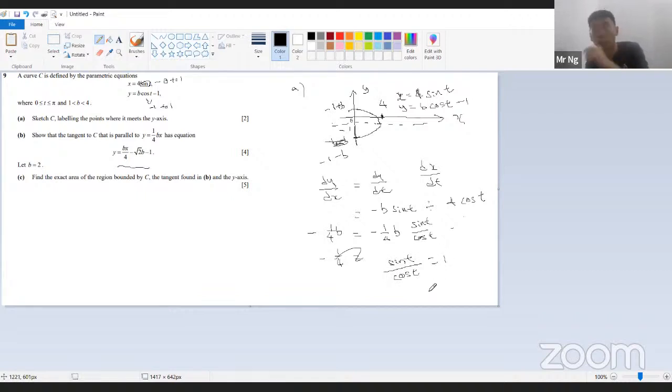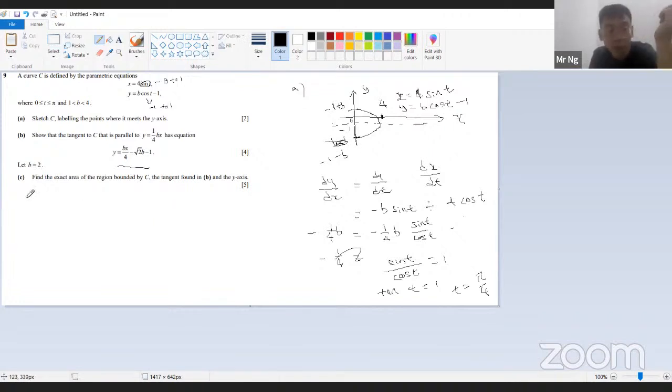So tangent t equals 1. So I think that t equals pi over 4. So this means there are so many tangents, right? At different points we are looking at the point where t equals pi over 4.